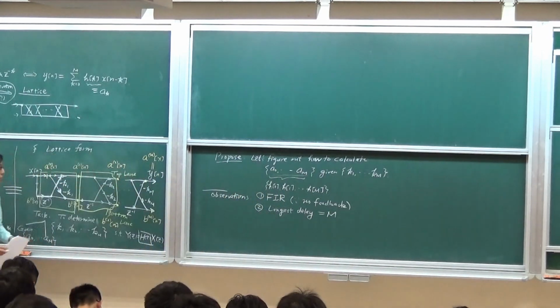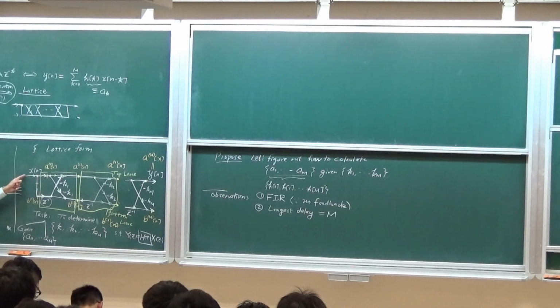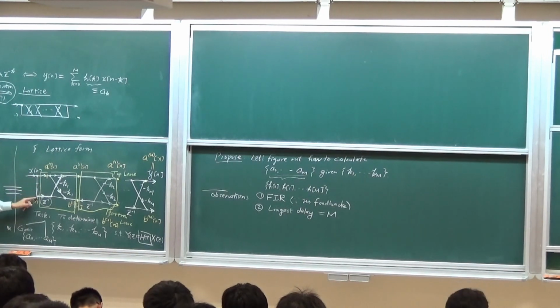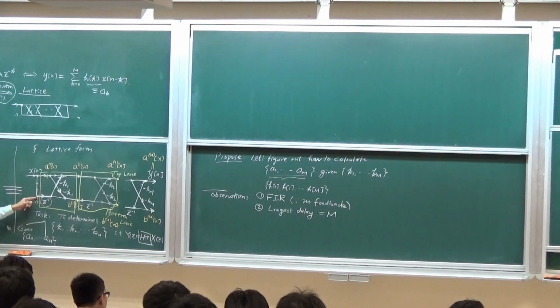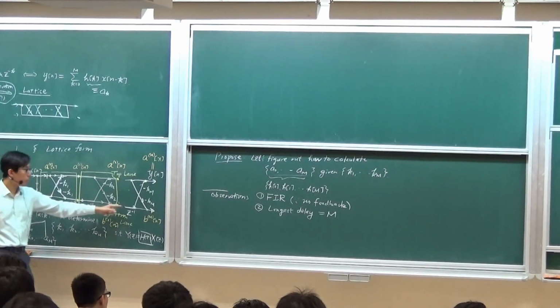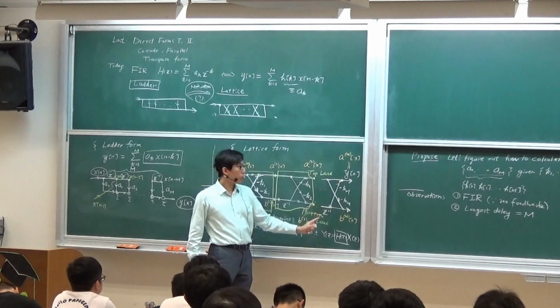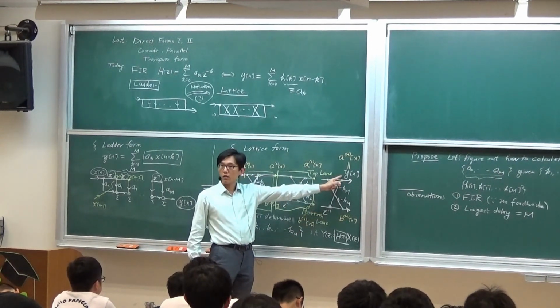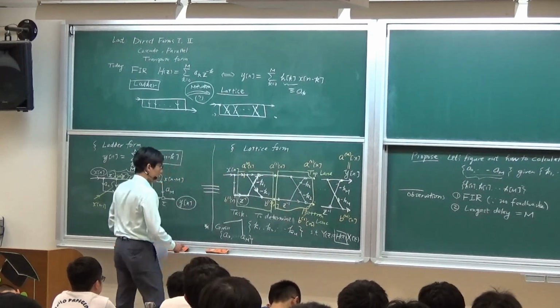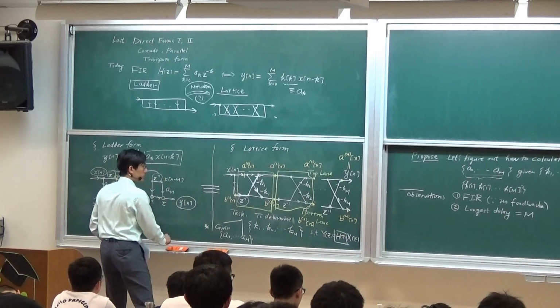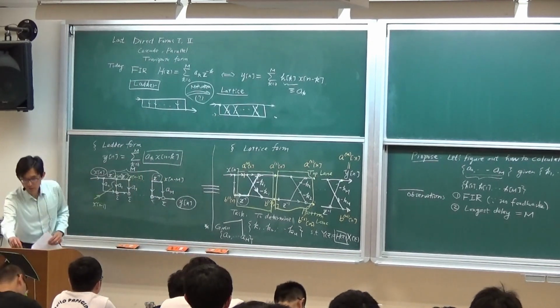And which path does the longest delay correspond to? It corresponds to first coming down from top to bottom, and keeping all the way at the bottom until the very final block, where we switch over to the top.